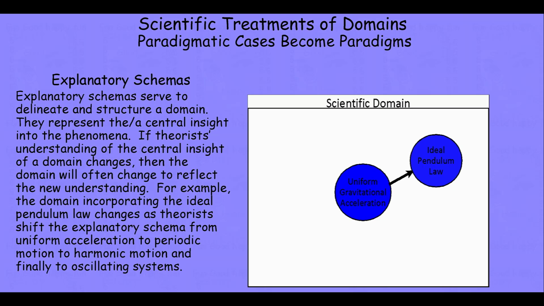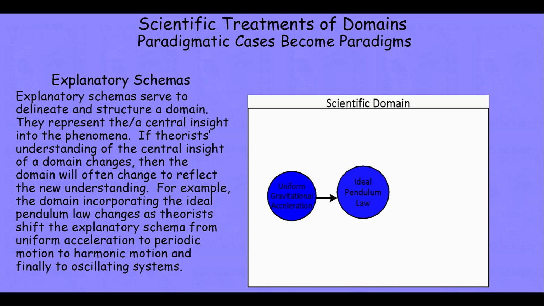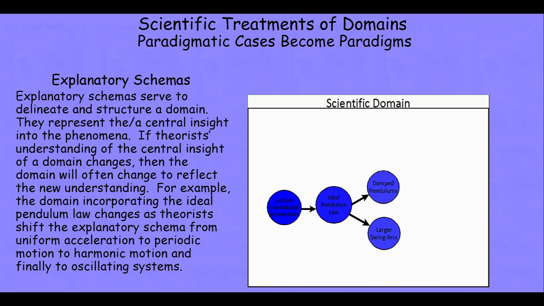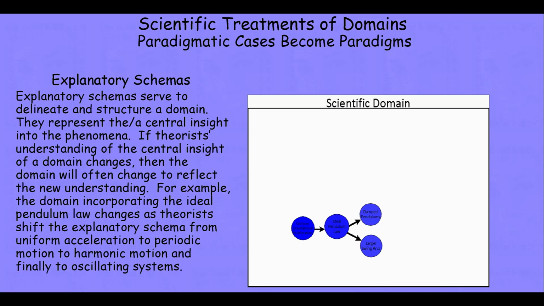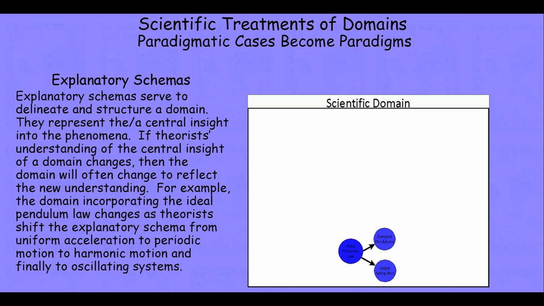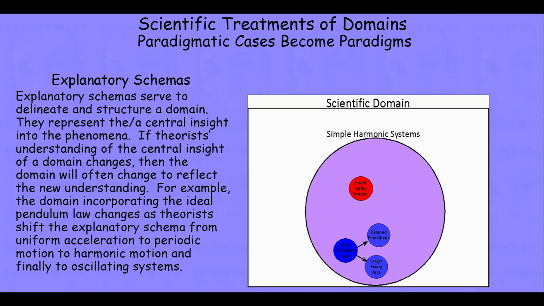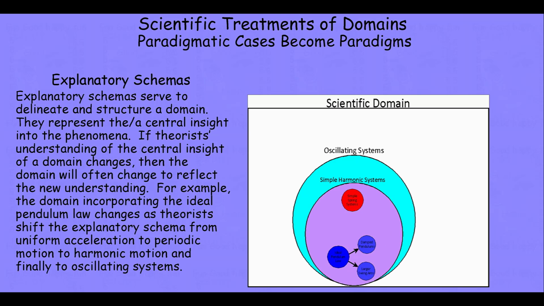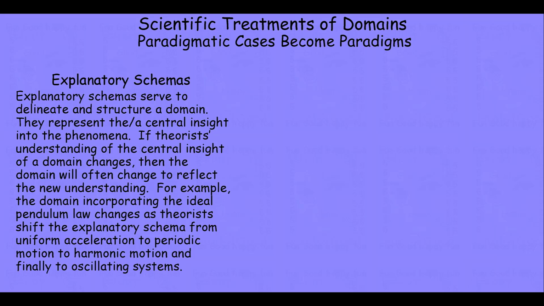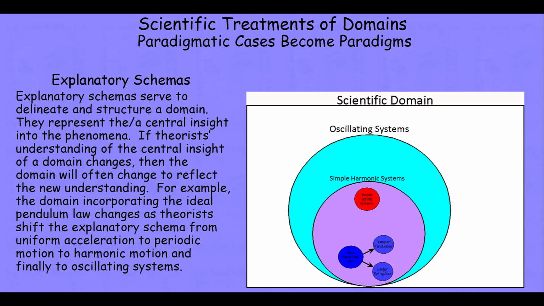For example, the domain incorporating the ideal pendulum law changes as theorists shift the explanatory schema from uniform gravitational acceleration to periodic motion, from periodic motion to harmonic motion, and finally from harmonic motion to oscillating systems theory. This change of explanatory schemas reflects the change in the primary way in which theorists are understanding the phenomenon and gathering them together within the domain under the umbrella of the paradigm.